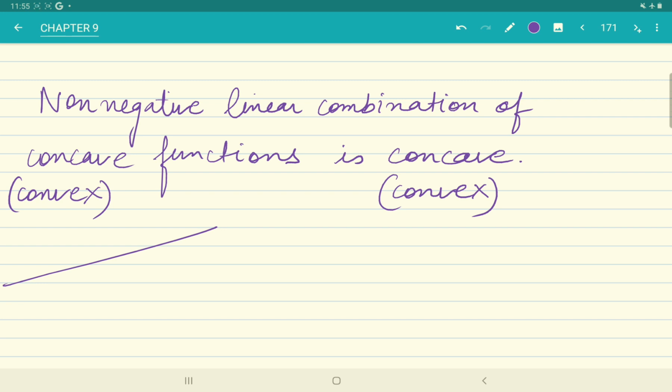Similarly, a non-negative linear combination of convex functions is convex.